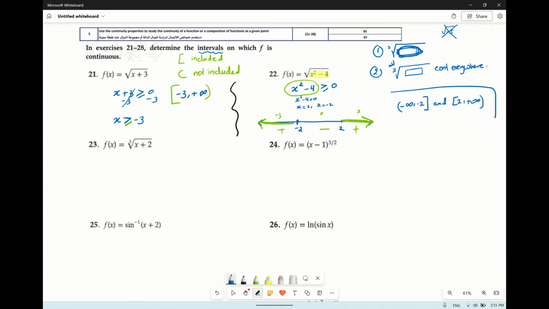And now this is the interval. In the final, they can change the question and ask you, where is the function not continuous? If the question asks you where it is not continuous, you will say it is not continuous between minus 2 and 2 because this is where it is negative.